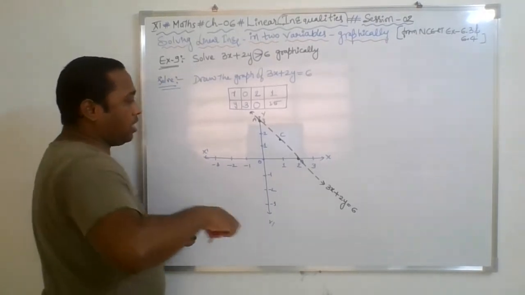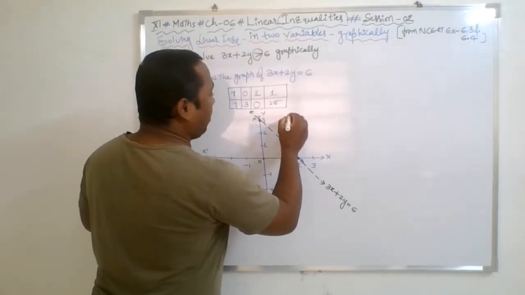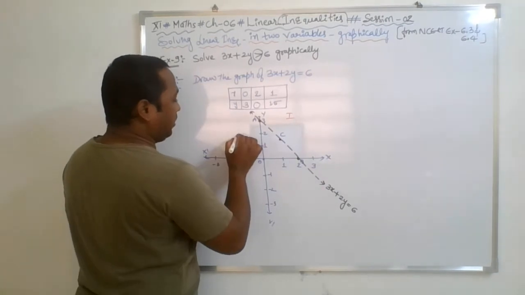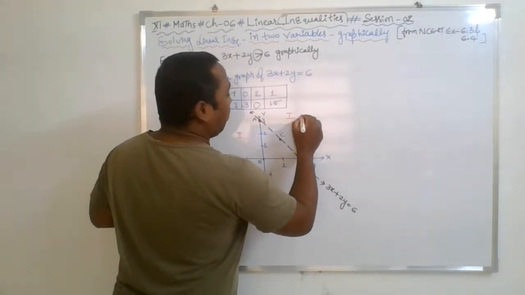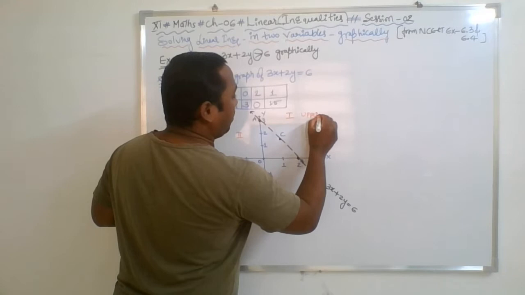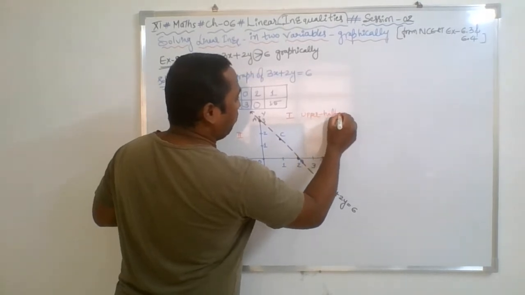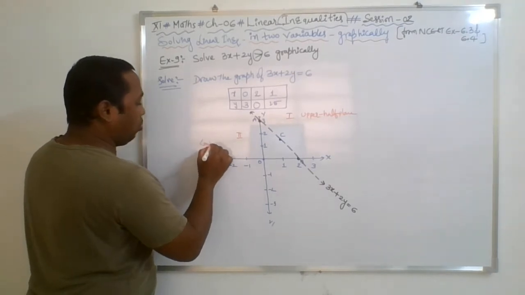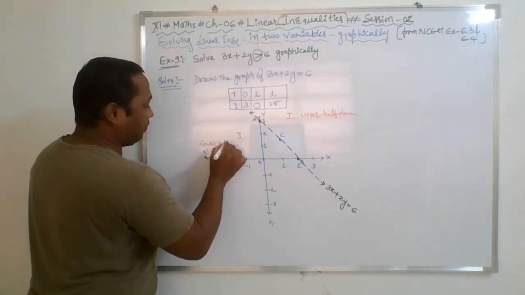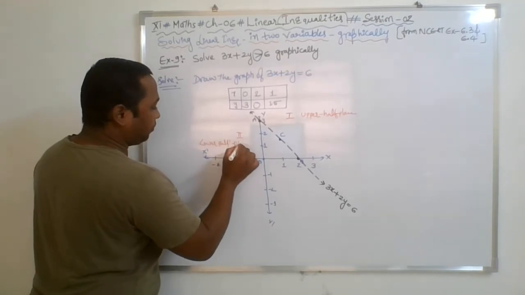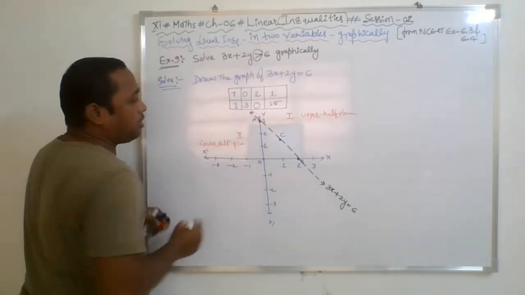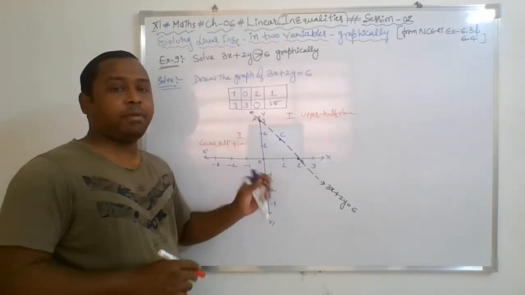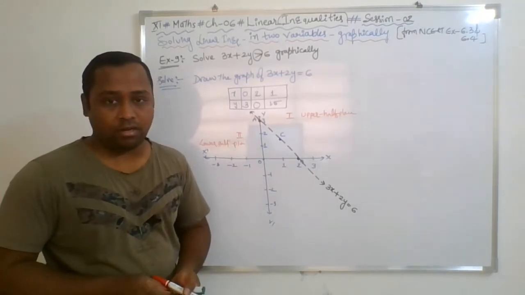One is the upper half plane, the other the lower half plane. You need to write upper half plane here and lower half plane here, just for the sake of convenience. Now, only one of the half planes will be the solution of this line.